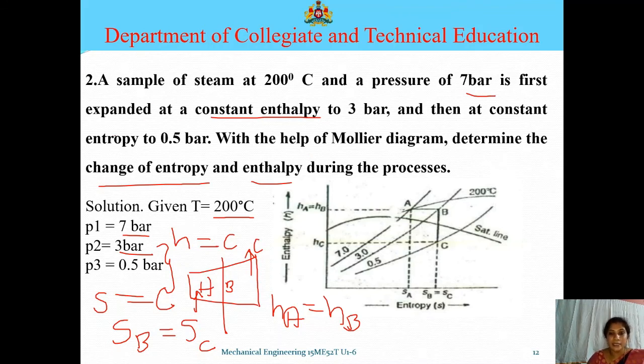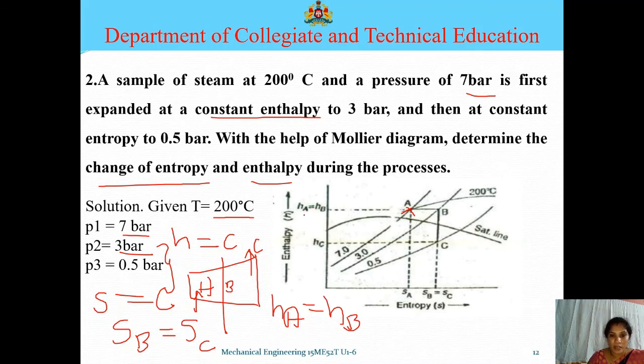So what I did, we searched for the pressure line where the pressure is 7 bar and the temperature is 200 degrees Celsius. The intersection of these two lines is marked as A. Since the first process is a constant enthalpy process, HA is equal to HB.